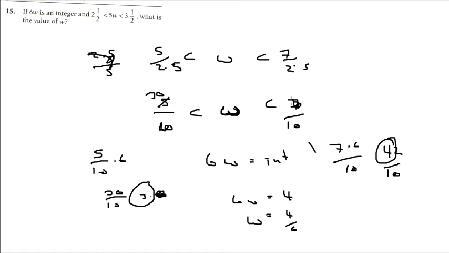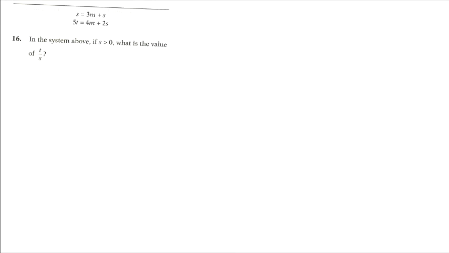This one here is going to be 42 60ths. This right here becomes 40 60ths, which is actually between the two. So w is 4/6, otherwise known as 2/3.